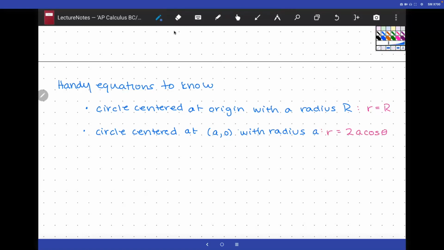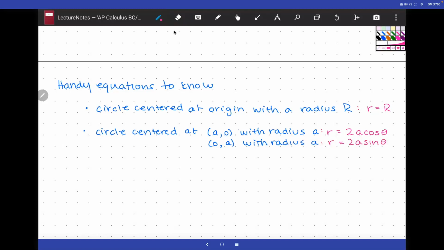And if you move the center to 0, A with radius A, that's R equals 2A sine theta.